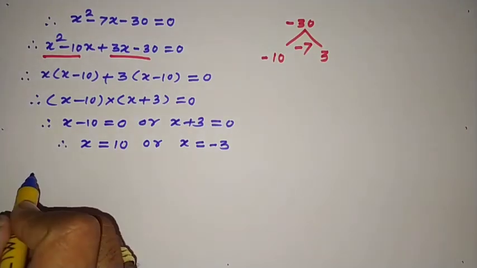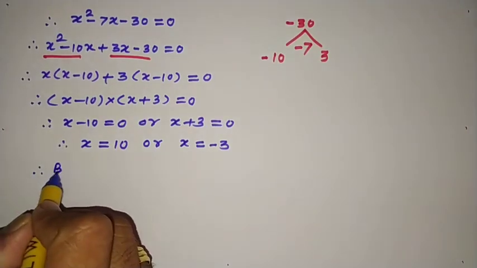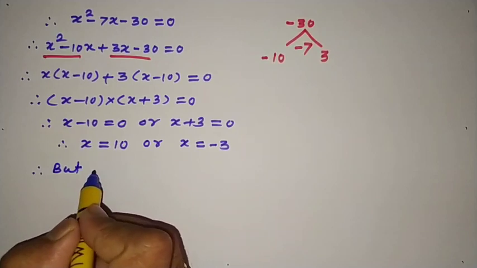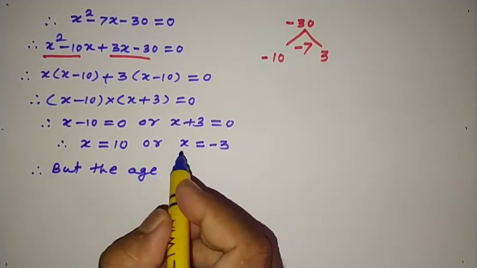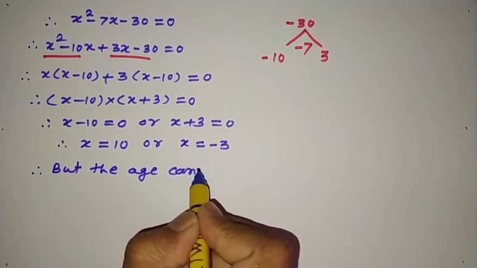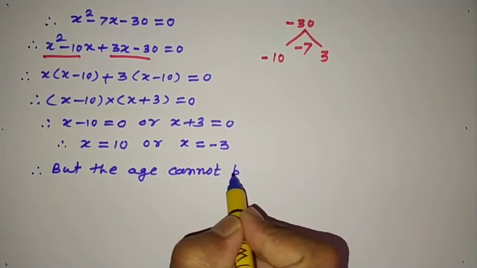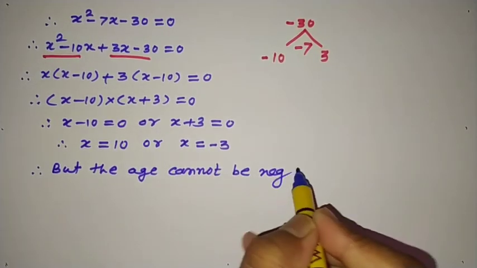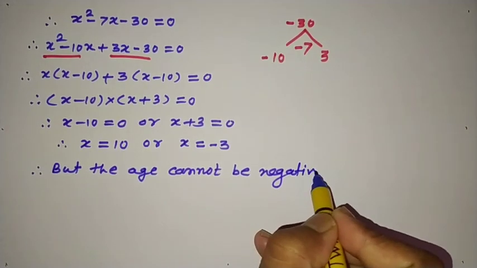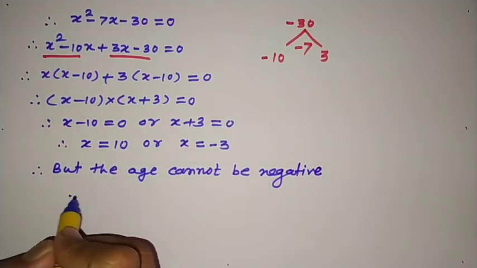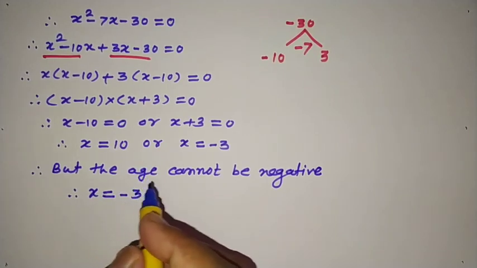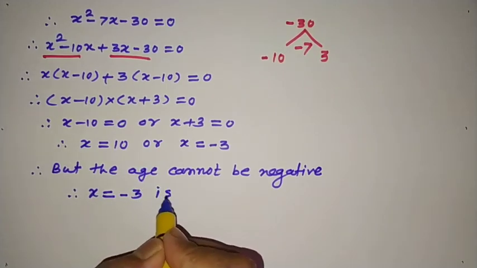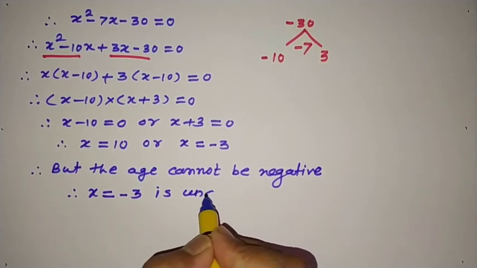But the age cannot be negative. Therefore x is equal to minus 3 is unacceptable.